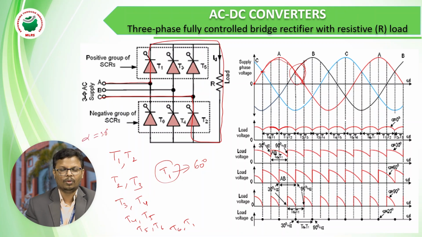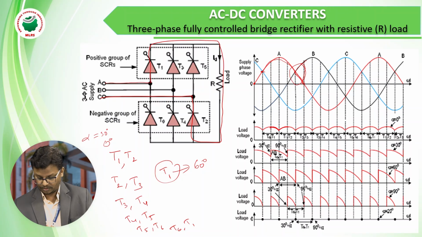So here we refer to 30 degrees as 0 degrees. Why? Because below 30 degrees, if you give the trigger pulse, it will not start conduction. It starts conduction only after 30 degrees, so we call the 30 degrees reference as 0 degrees.